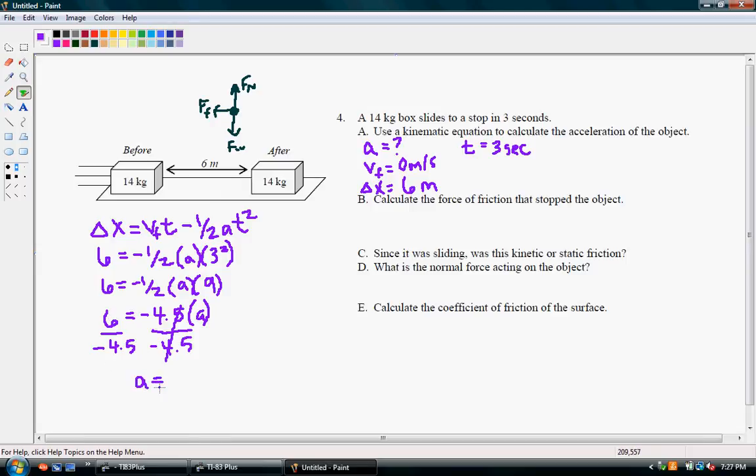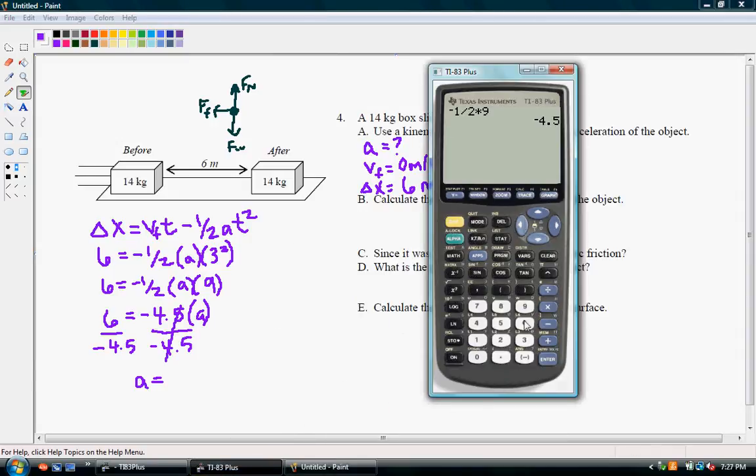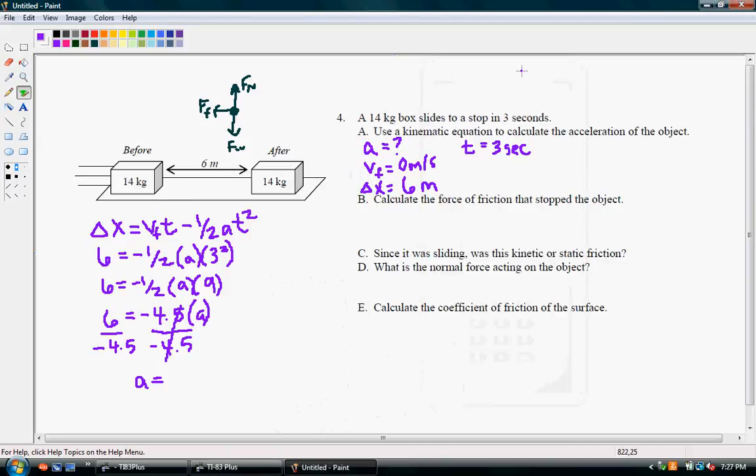So our acceleration is equal to 6 over negative 4.5, which equals negative 1.3. So our acceleration is negative 1.3, and we can go ahead and say that our acceleration is negative 1.3 meters per second squared.